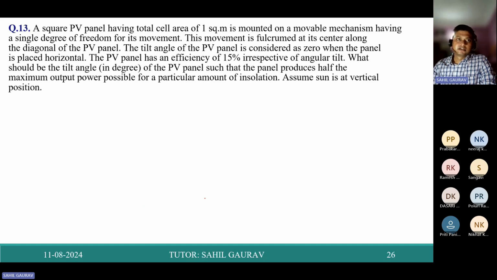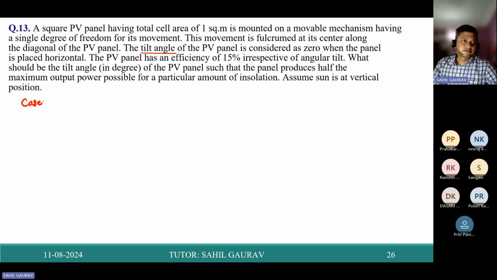This tilt angle will be taken care of in the subsequent classes of this NPTEL course. The PV panel efficiency is 15% irrespective of angular tilt. What should be the tilt angle of the PV panel so that the PV produces half of the maximum output power possible for a particular amount of insolation? Assume the sun is at vertical position.